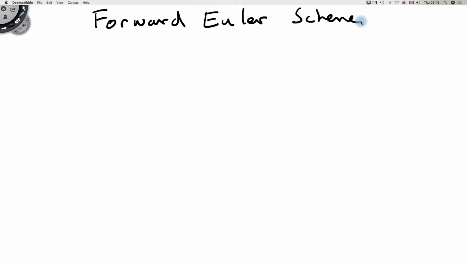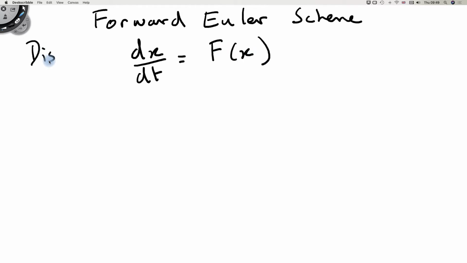So first of all, we're going to consider dx by dt is f of x. We're going to discretize this equation. And with the forward Euler, we approximate dx by dt.